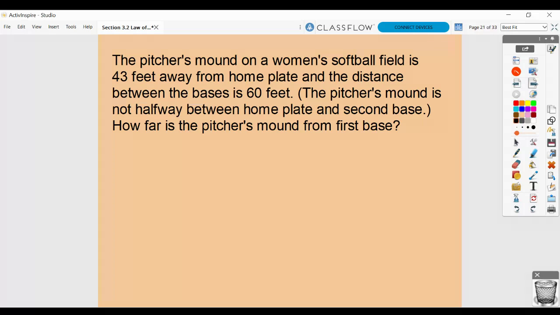Okay, so let's go ahead and kind of picture where this would be. So let's say here is home plate. Here is the pitcher's mound. And then, actually, hold on. Let's redo this.